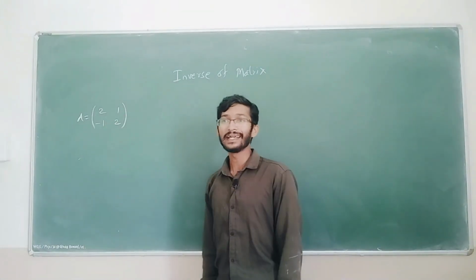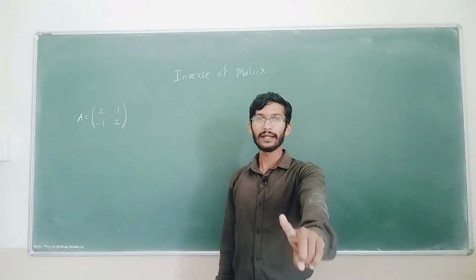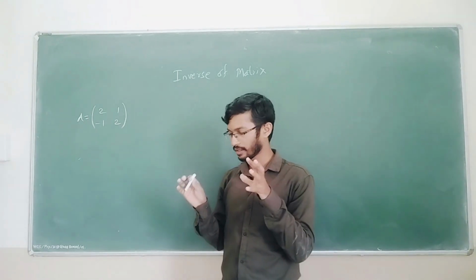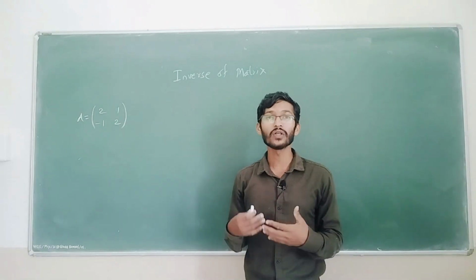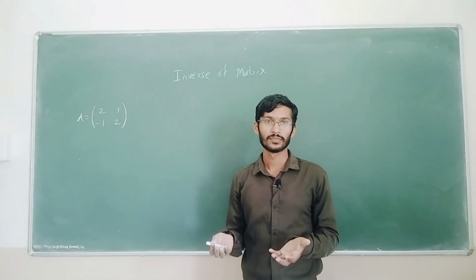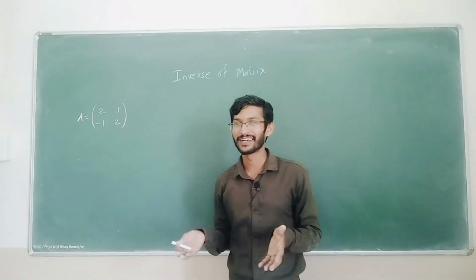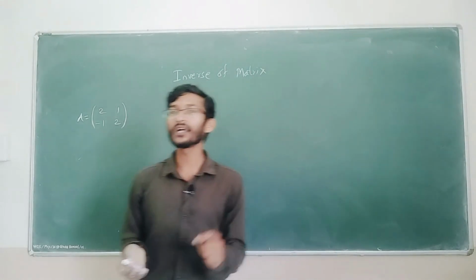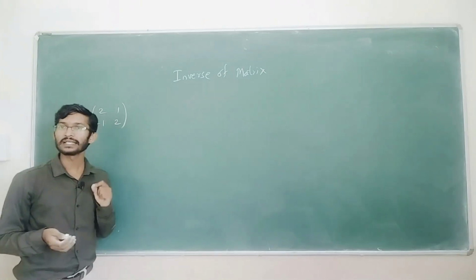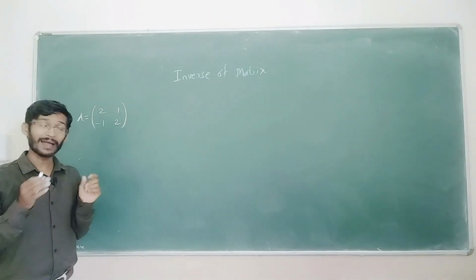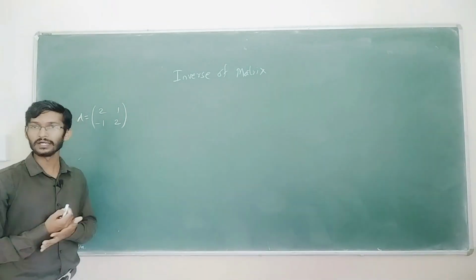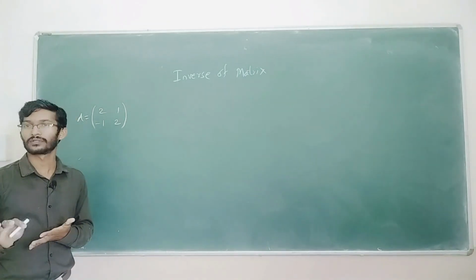Now it is mandatory that for any matrix, if we have to find the inverse, that matrix should be non-singular. So you should know what a singular matrix is. If the determinant of the matrix is equal to 0, then that matrix is called a singular matrix. And if the matrix has a 0 determinant, then we cannot find its inverse.